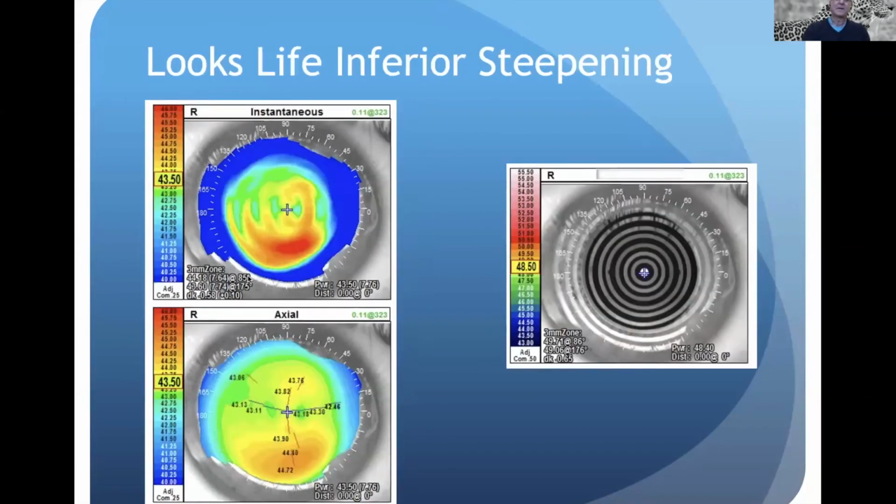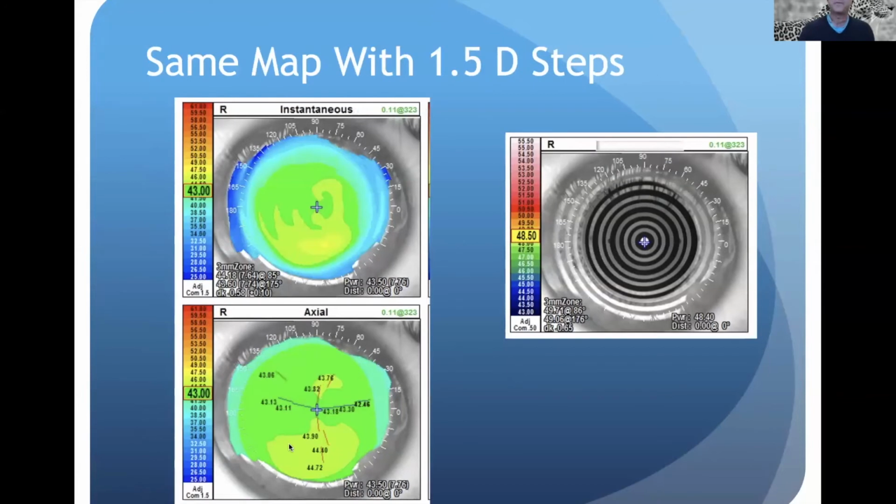When you see this and say, wow, this patient's got keratoconus, we better stay 10 miles away from him with a keratome or with an excimer laser because we're going to cause ectasia, that may not be true, and we may need more information before saying that patient is not a candidate for refractive surgery.